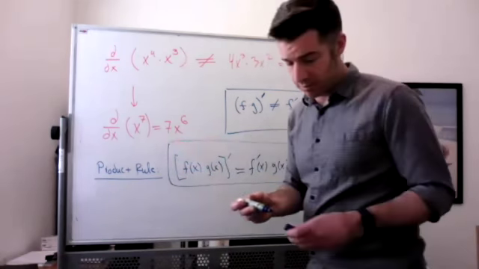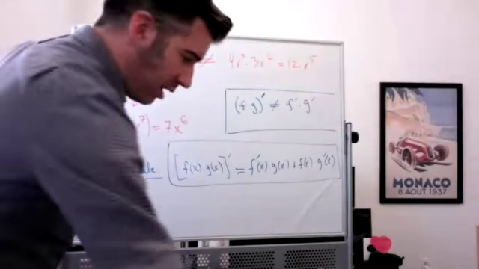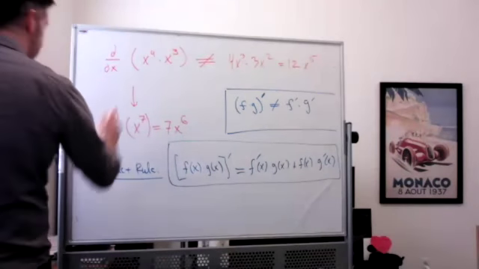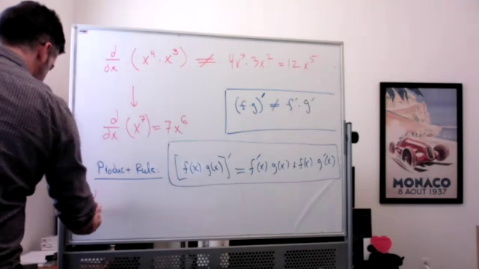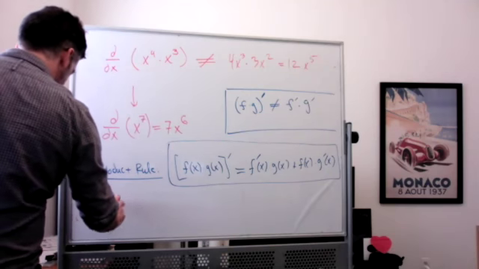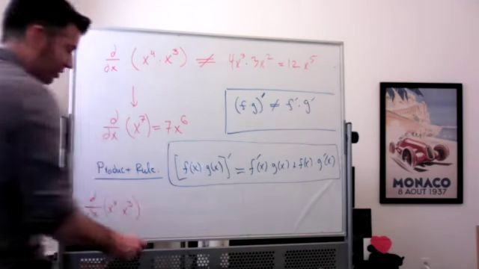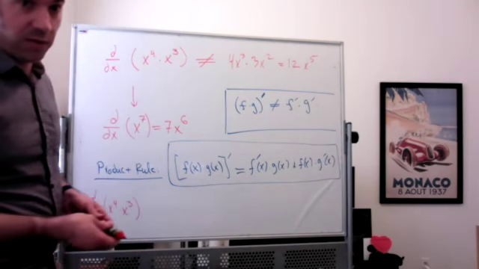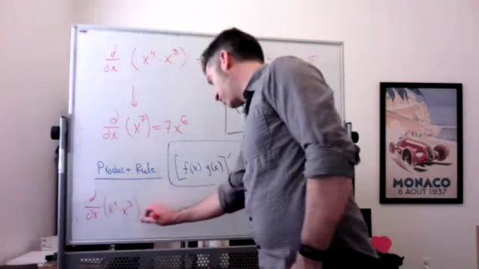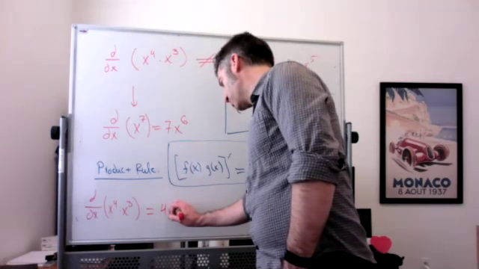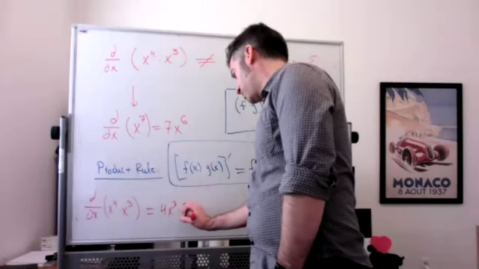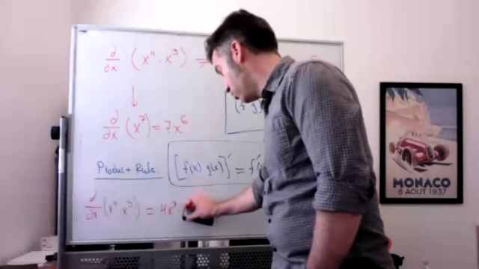And it works. The derivative of x to the fourth times x cubed, if we do it this not smart but long way where we use the product rule, it's going to be the derivative of the first part, which is 4x cubed, times the second part, times x cubed, right?